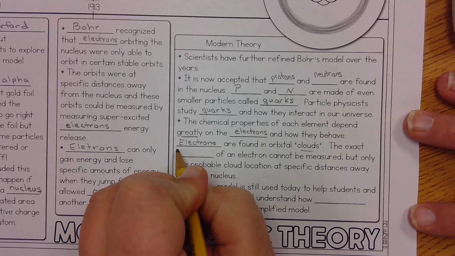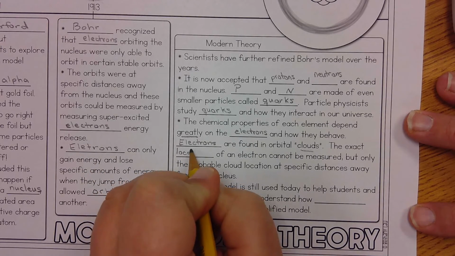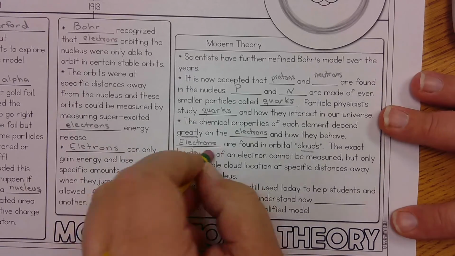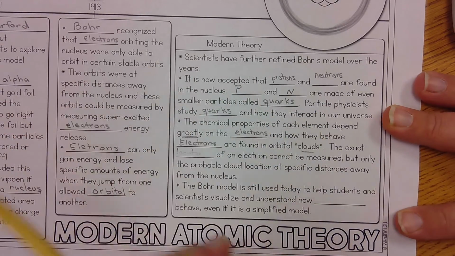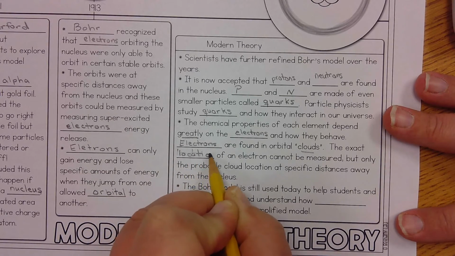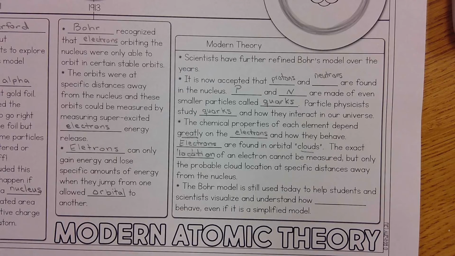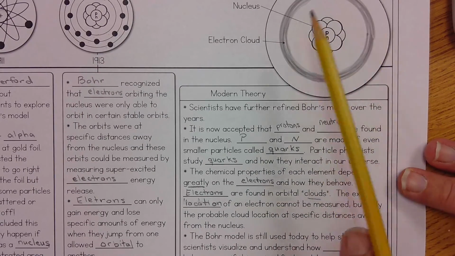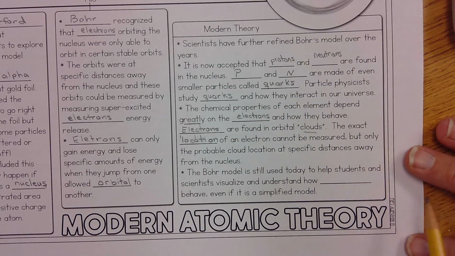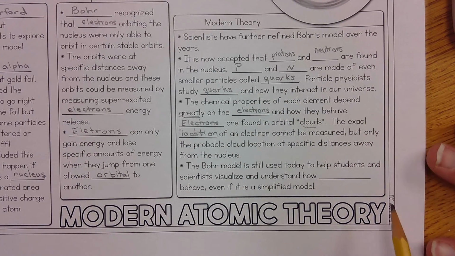So the exact location of an electron, I can't spell this morning, y'all. Location. The exact location of an electron can't be measured. We just know probably it's somewhere in this gray area. It's not in one specific spot at one specific time, right?